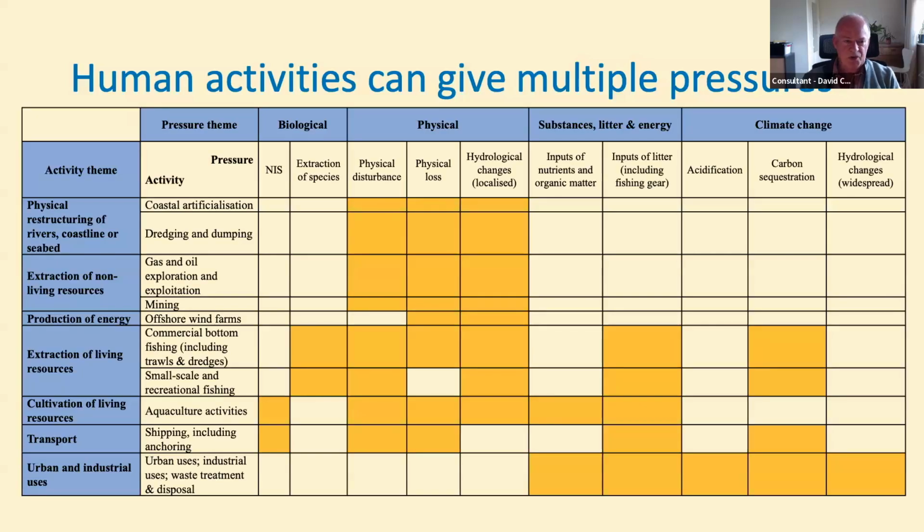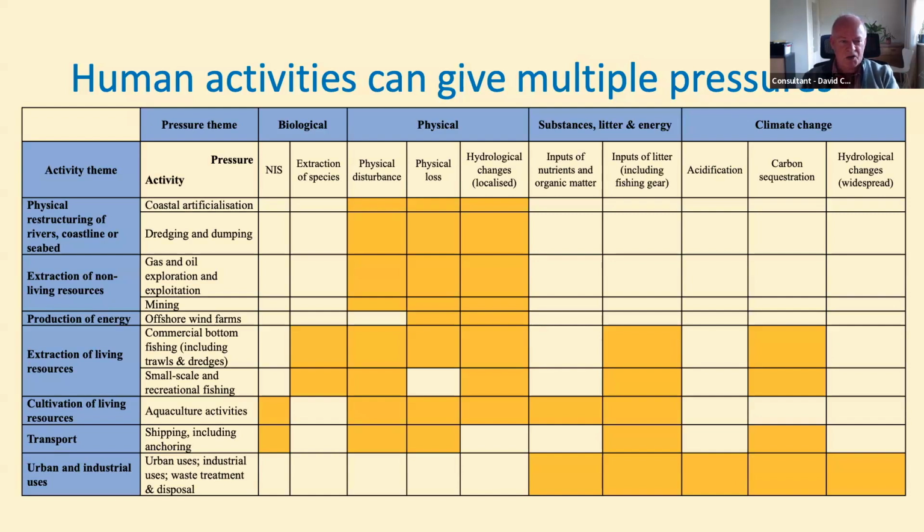And the pressures come from all the different human activities that we do in the sea and of course on the land. And so there's a possibility for individual activities to yield multiple different pressures.